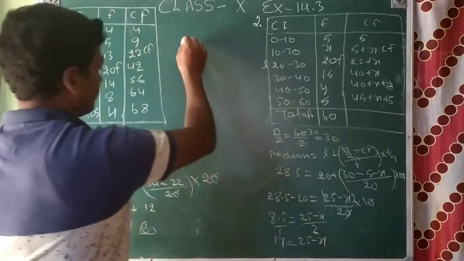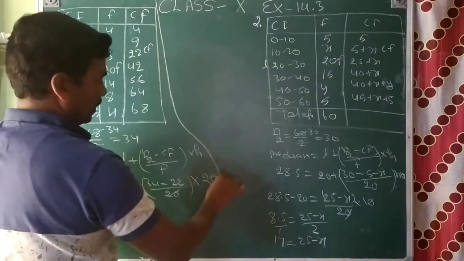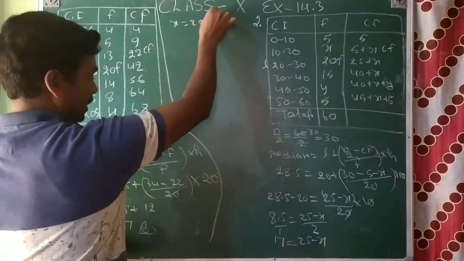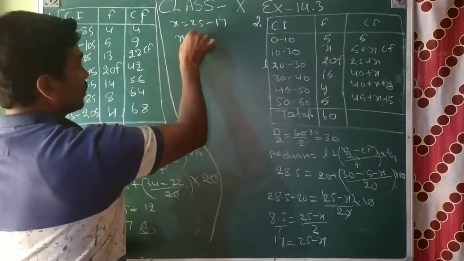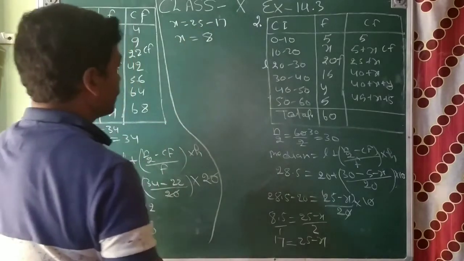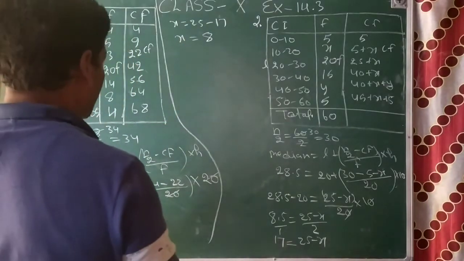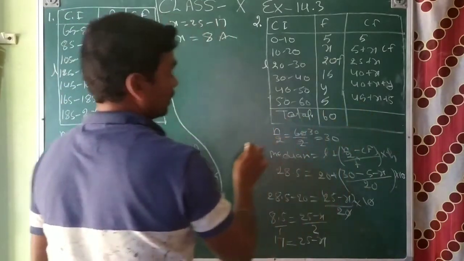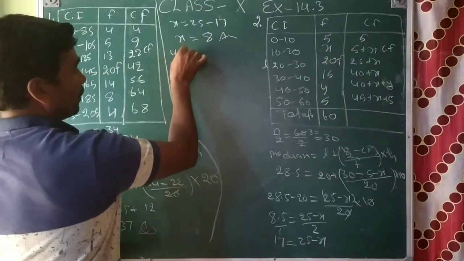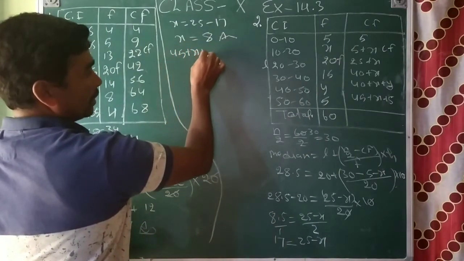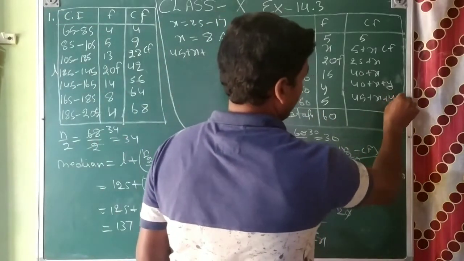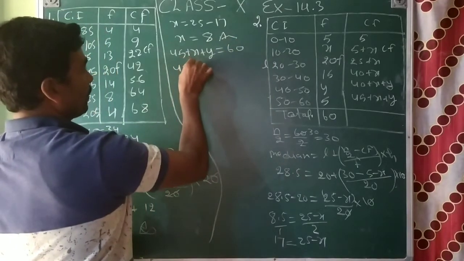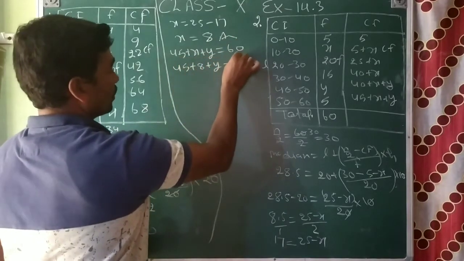Now you will see here that x is equal to 25 minus 17. So x is equal to 8. The first value we have found here is 8. And then for the second value, 45 plus x plus y is equal to 60. So 45 plus 8 plus y is equal to 60.